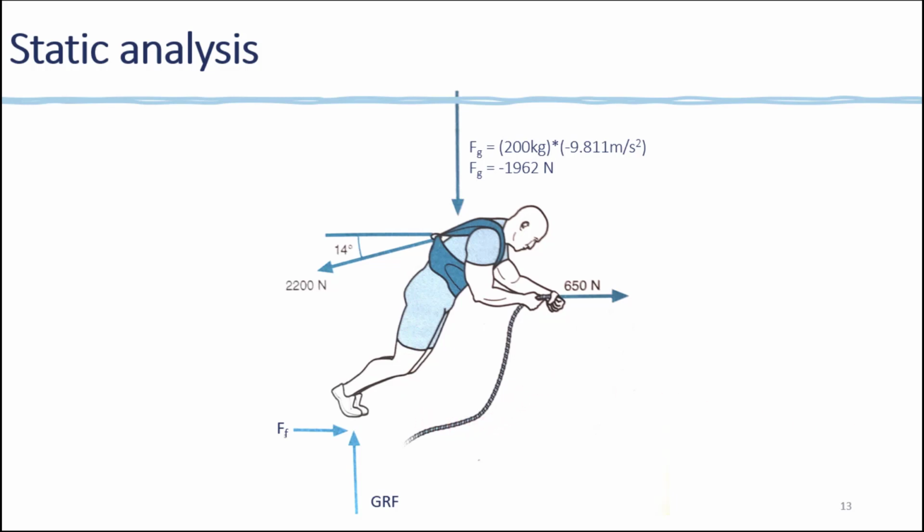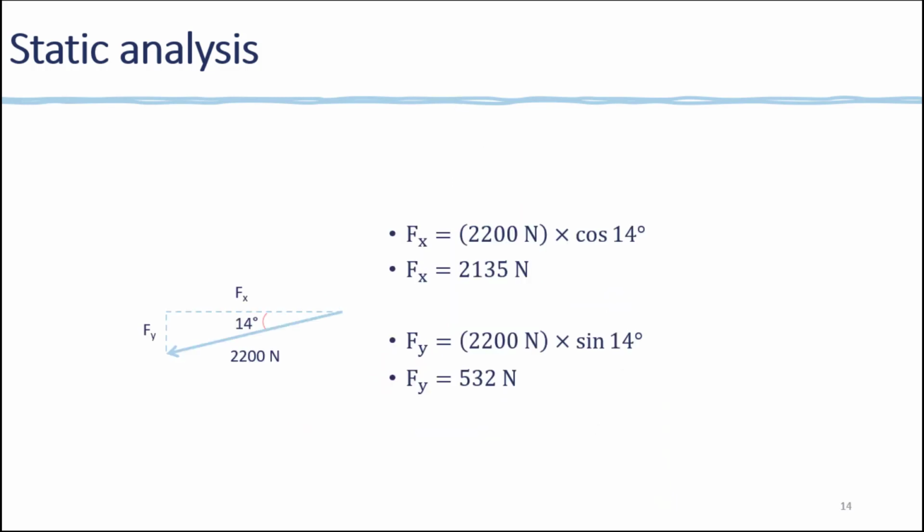Now we need to complete our static analysis by calculating the force that the ground exerts against Brian. A trick to simplify a more complicated problem like this one is to use two equilibrium equations. One represents the horizontal component of the net external forces, and one represents the vertical component.